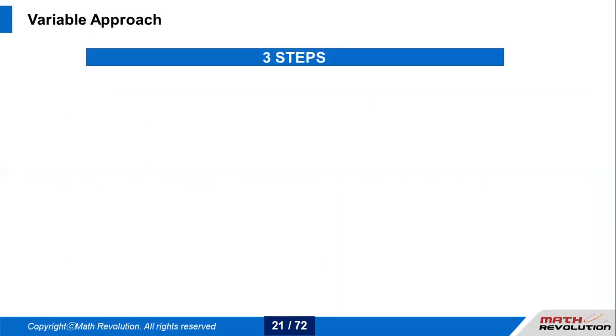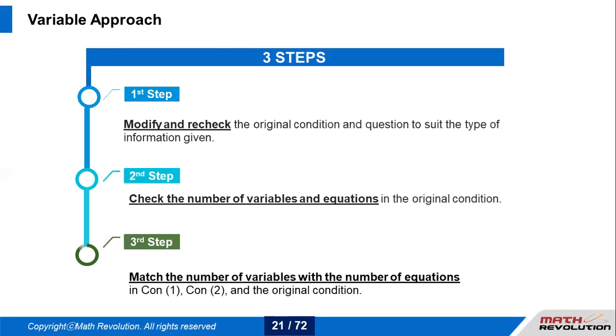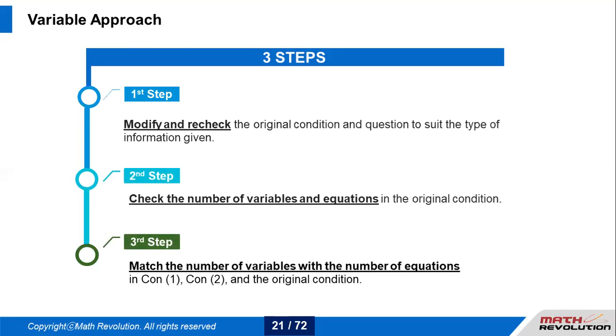Now, if this approach is there on the screen, definitely we are up to solve a DS question. I'm just revising this for if there is someone new who has not been exposed to the variable approach. So for us, the question, the given, it is called as original condition.